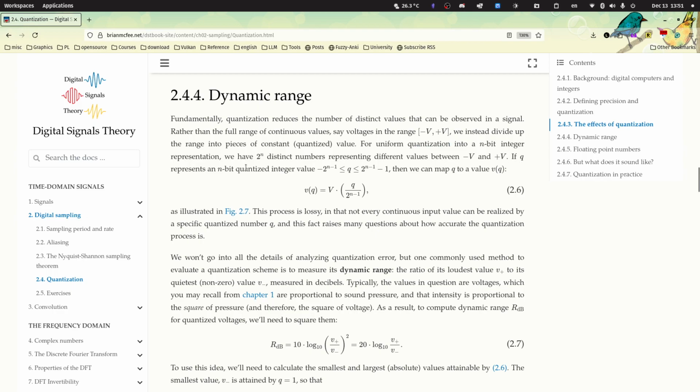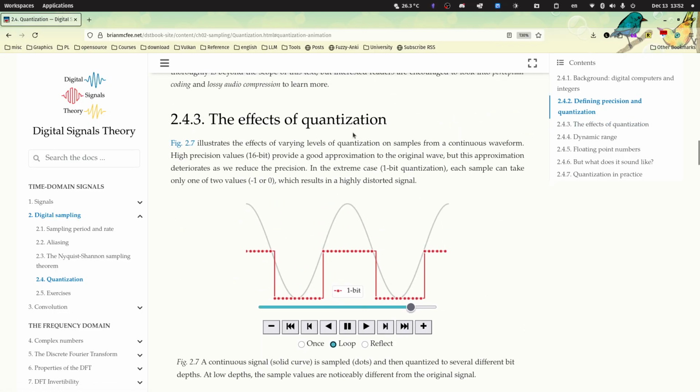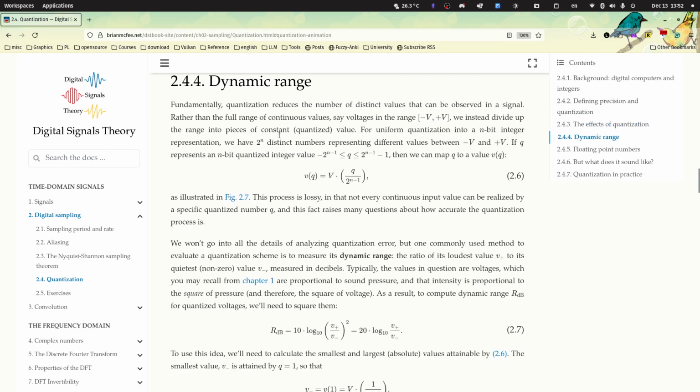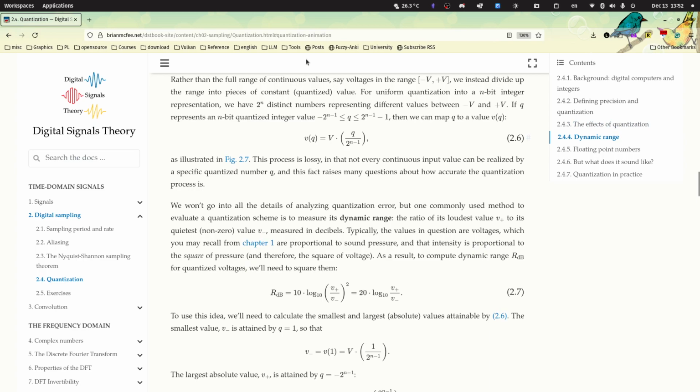So if q represents an n-bit quantized integer value, then we can map q into a value. Okay, this is just the diagram above.